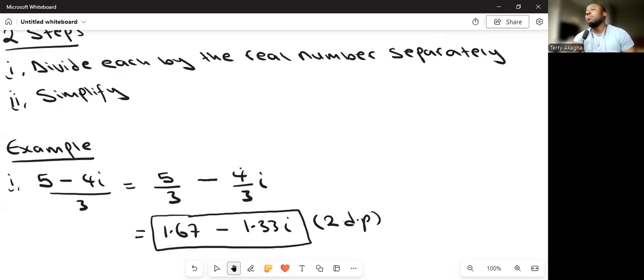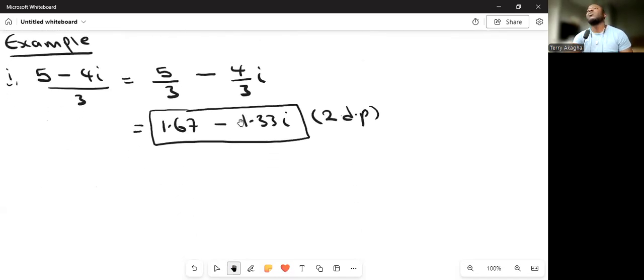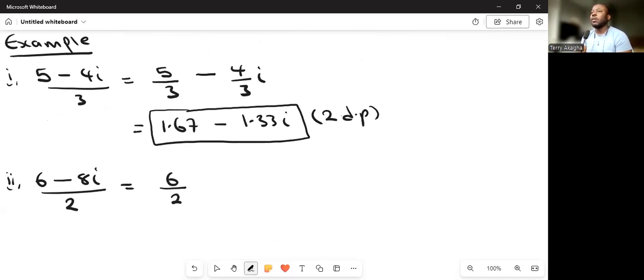Now, let me pick one more before I go to the second one. Let's assume we have 6 minus 8i all divided by 2. The same thing, you now have 6 divided by 2 minus, or let's use plus this time because we did minus the last time, plus 8i divided by 2.